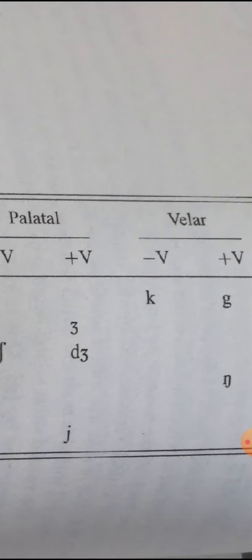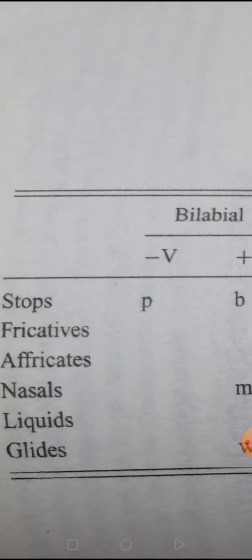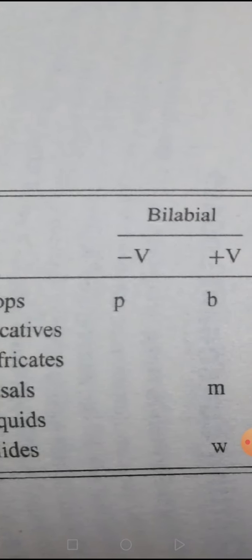Are they produced at the lips, at the lips and teeth, at the teeth, at the alveolar ridge, at the middle of the hard palate, at the end of the palate, the soft palate, in the larynx, where the vocal cords are? These we call places of articulation. Where are they produced? They are produced here.